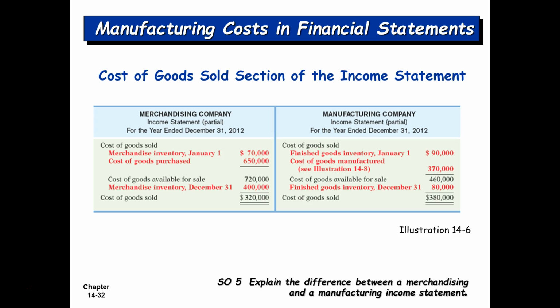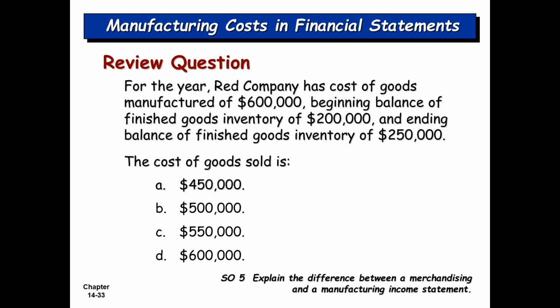If we then go down to slide 32, it actually just shows you some numbers here, gives you some illustrations. We then go to slide 33, which actually gives us a nice example here. For the year, the company has cost of goods manufactured of $600,000, beginning balance of finished goods inventory of $200,000, and ending balance of finished goods of $250,000.